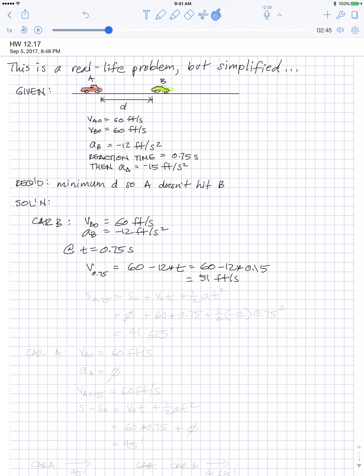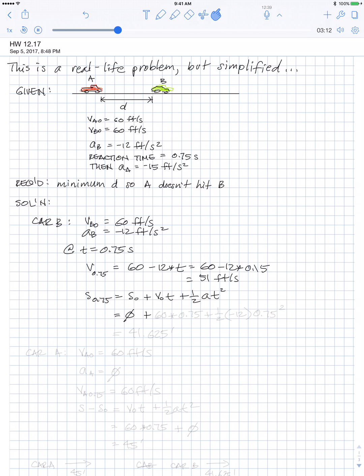We also need to figure out how far car B has moved in 0.75 seconds. So again, since it's constant acceleration, we can use our constant acceleration equation, which in this class is s, not x, sorry. So s at 0.75 equals s0 plus v0t plus 1/2 at squared. So it starts at point 0.